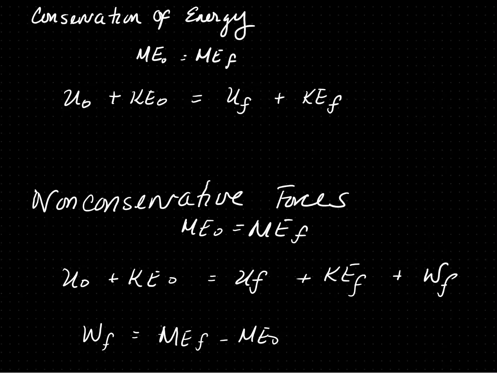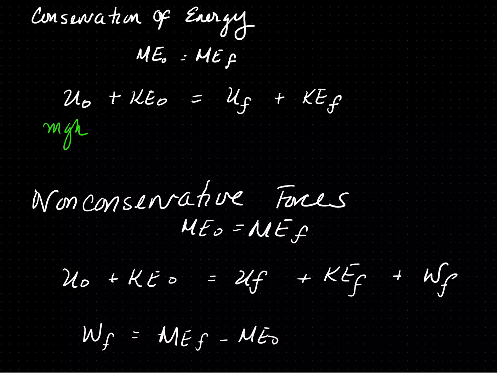Conservation of energy. Energy is conserved when the initial energy equals the final energy. You have potential energy represented by U, which is mgh, gravitational potential energy. Kinetic energy is represented by 1/2 mass times velocity squared.